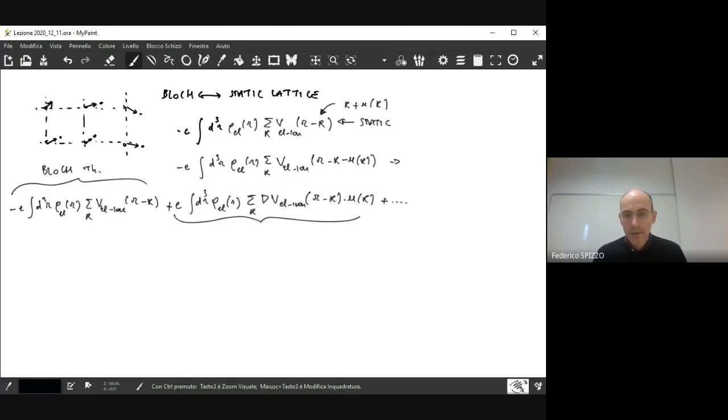So the starting point is, when we started from the displacement field of the ions and applied the second quantization approach, what we found was that U of R was related to the creation and destruction operators for phonons.